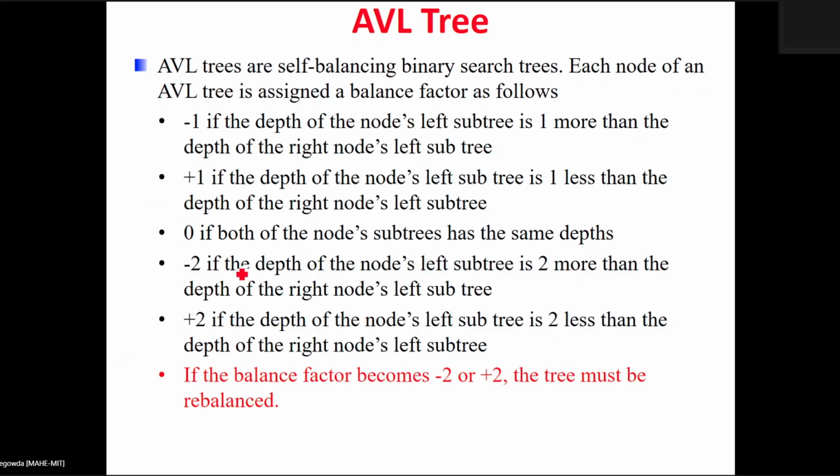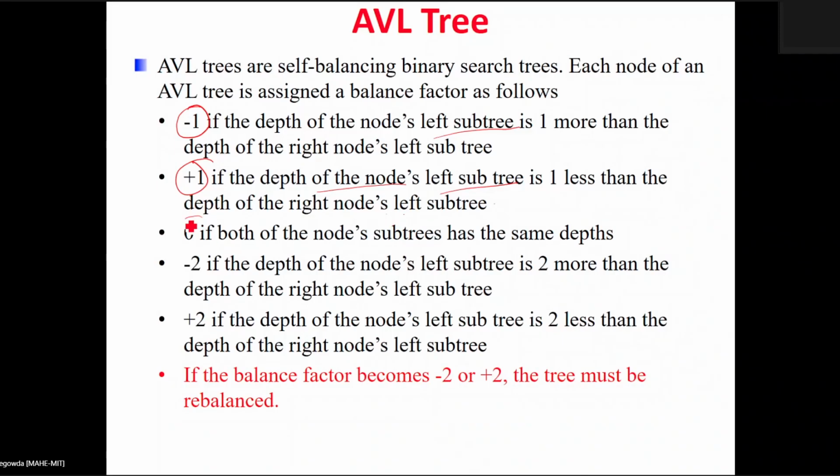As I told, suppose the balance factor becomes -1, it is understood that the depth of the node's left subtree is 1 more than the depth of the right subtree. And if it becomes +1, the depth of the node's left subtree is 1 less than the depth of the right subtree.